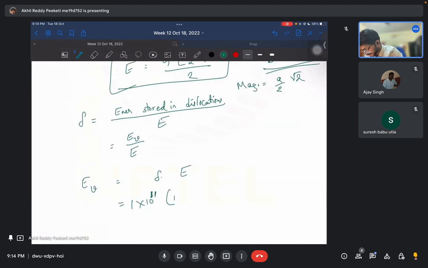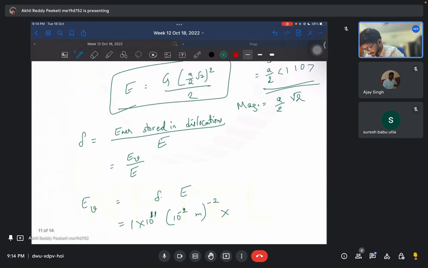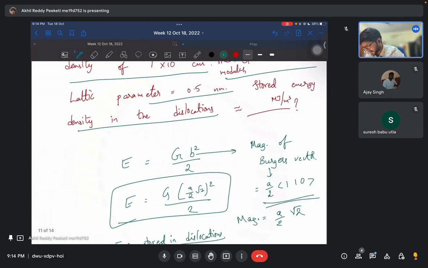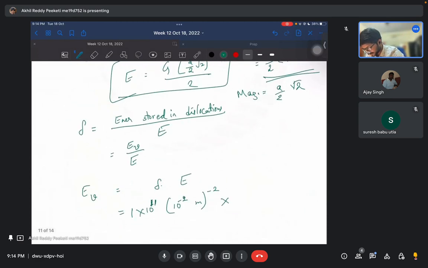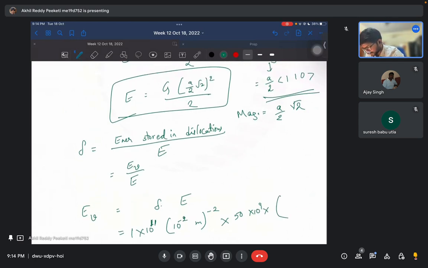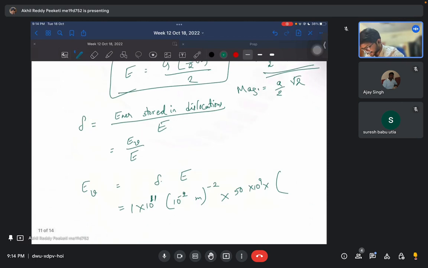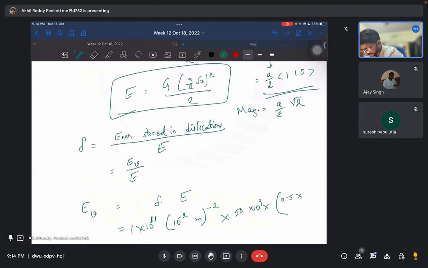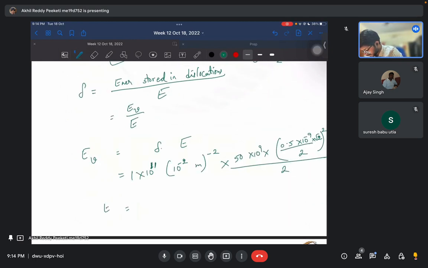So centimeter is 10 power minus 2 meter, minus square, and then G is shear modulus, 50 GPa. So 50 into 10 power 9 into a by root 2, a is given as 0.5 nanometers, by 2 into root 2 whole square by 2. This would give you the energy stored in the dislocations, or the stored energy density in the dislocations.